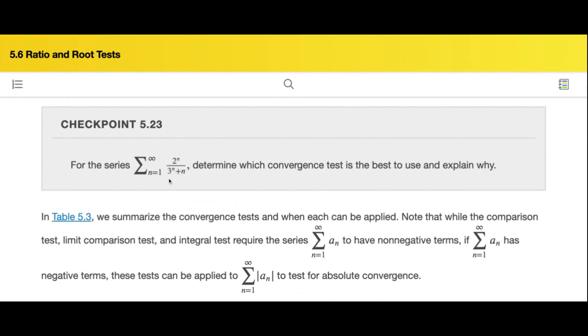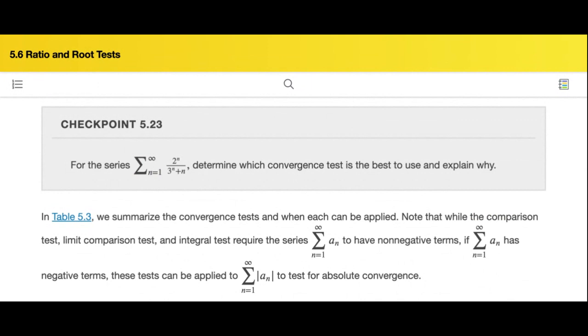The denominator is 3 raised by n plus n. The intuition is the denominator grows faster than the numerator. So the intuition is this series should converge, right? Try to see which test to use.